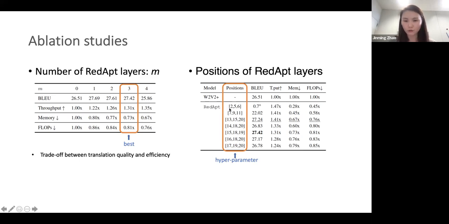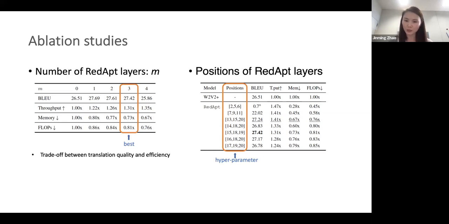Each row refers to one model, and each integer here indicates the position where we insert one RedApt layer. For example, when the number is 13, it means that we inject one RedApt layer after the 13th transformer layer of wav2vec tool.